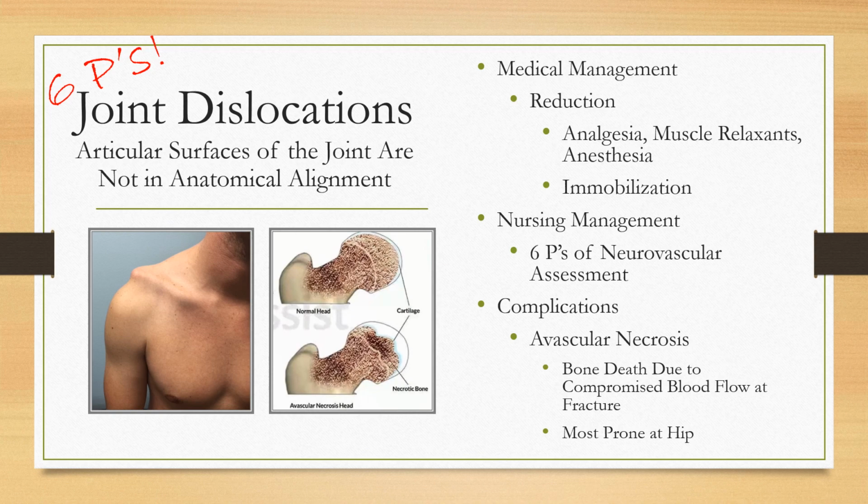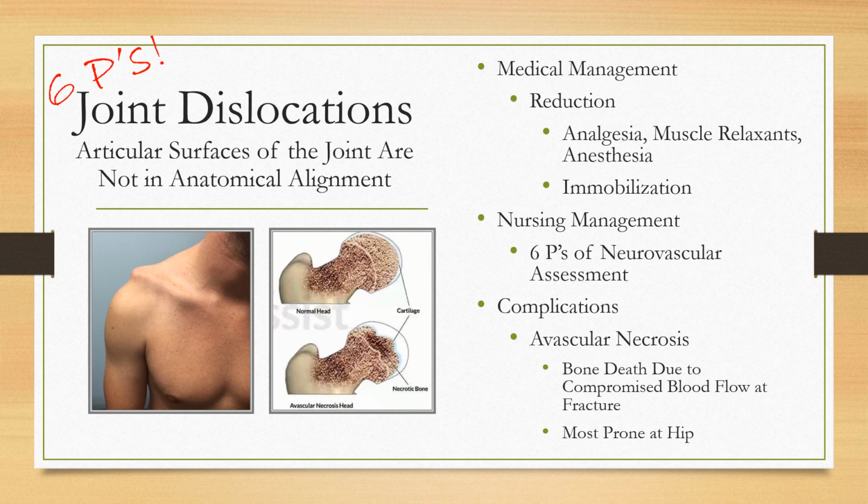So diazepam, lorazepam, midazolam, something to relax the body and the muscles. And then once they're sedated and they have some analgesia, we can then put the joint back into place, right? And then we immobilize it with a sling.